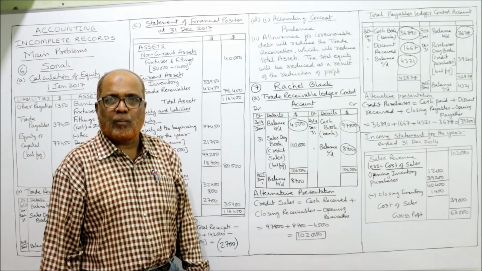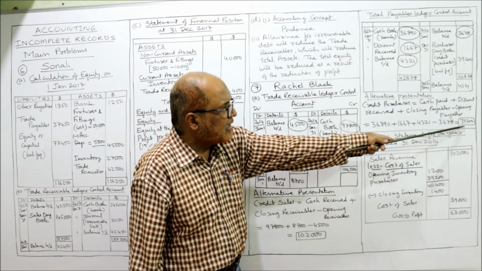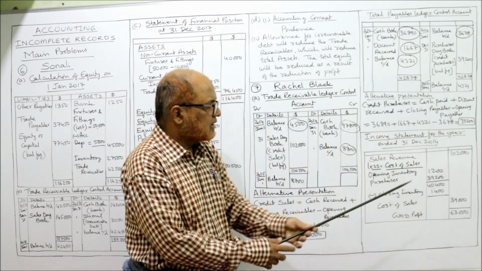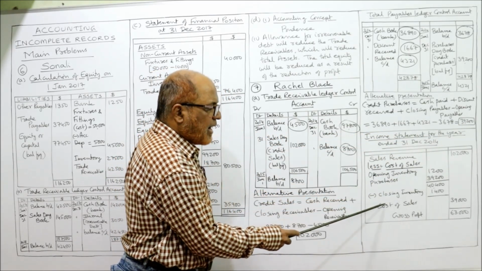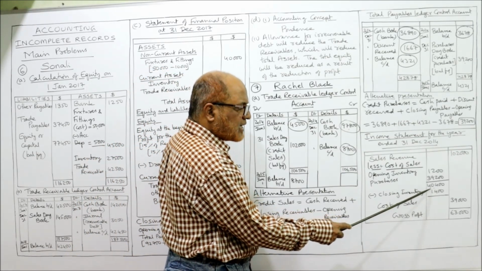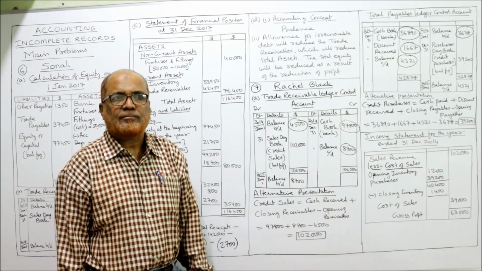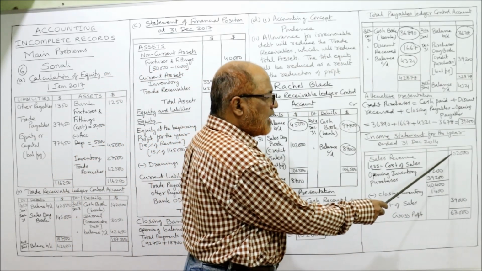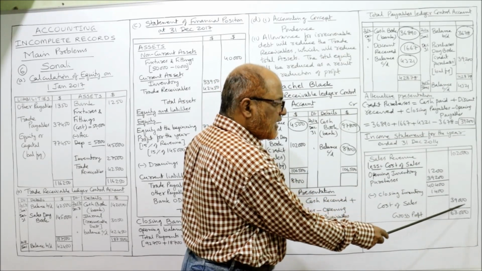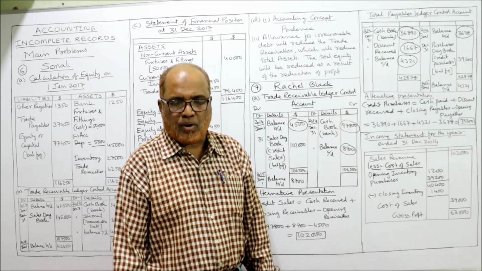To this we add purchases. Purchases are calculated here, 39,200. Add up. Minus closing inventory is given in the problem, 1,400. Deduct 1,400. 39,000 is the cost of sales. Now 1,02,000 minus 39,000, 63,000 rupees is the gross profit.